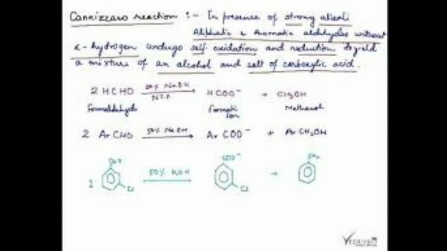In Cannizzaro reaction, one molecule of an aldehyde is reduced to alcohol, and at the same time the second molecule is oxidized to carboxylic acid salt, for example formaldehyde and benzaldehyde. Formaldehyde, when heated with 50% sodium hydroxide, gives sodium formate plus methanol.